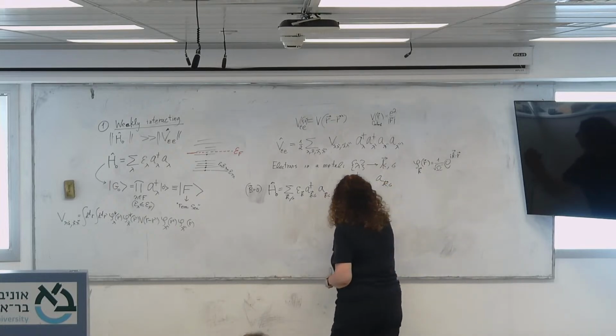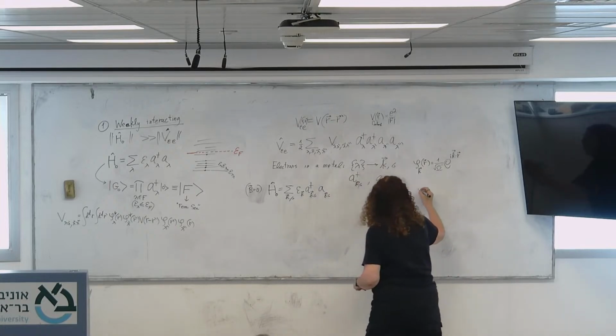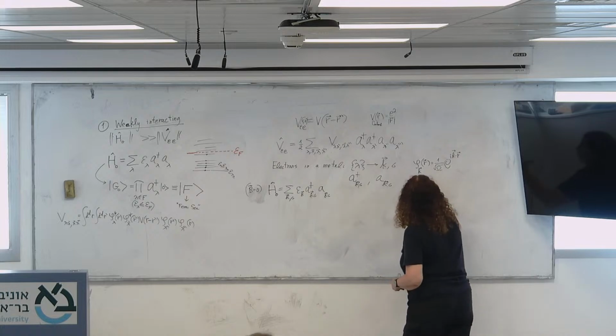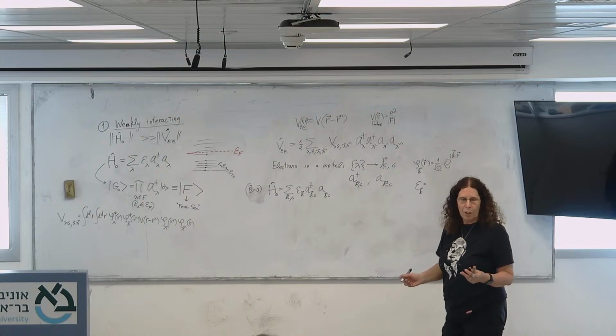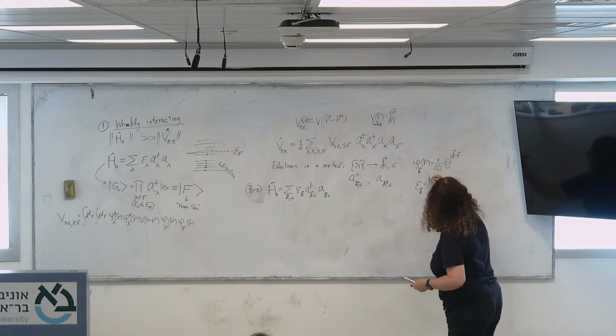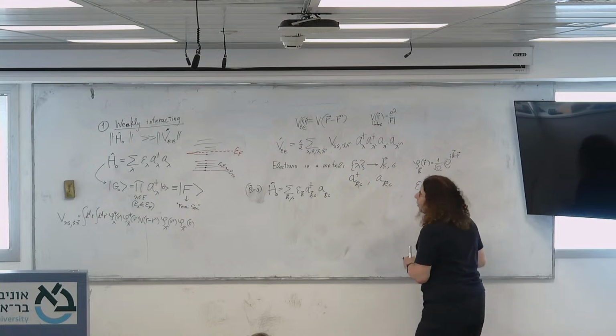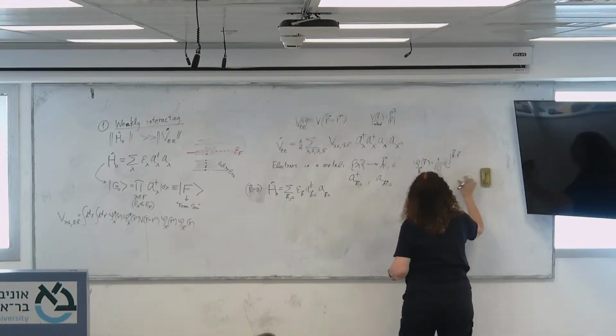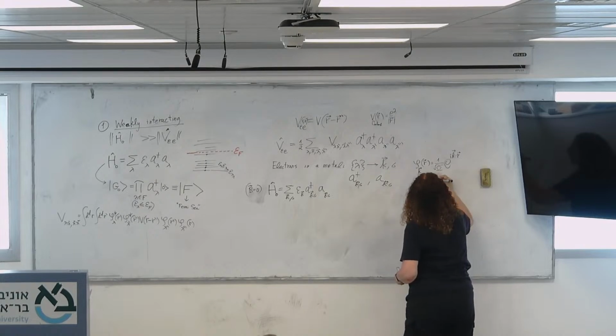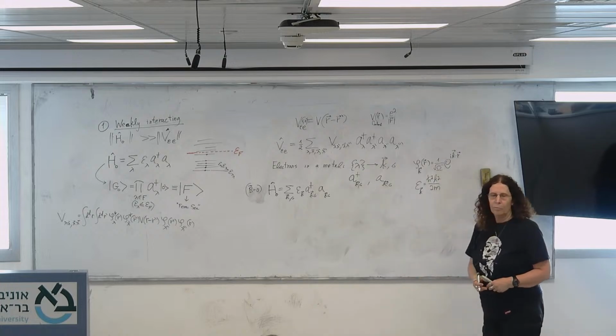Okay, and what is epsilon k? It's the free energy. Right, exactly. Clearly, it's h bar squared k squared over 2m. Okay?